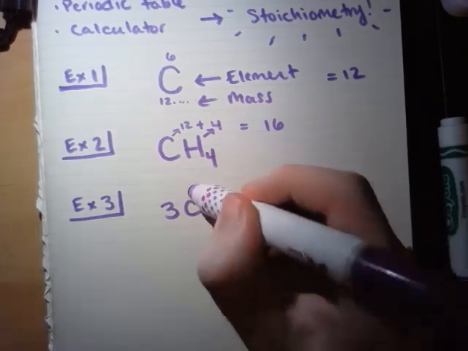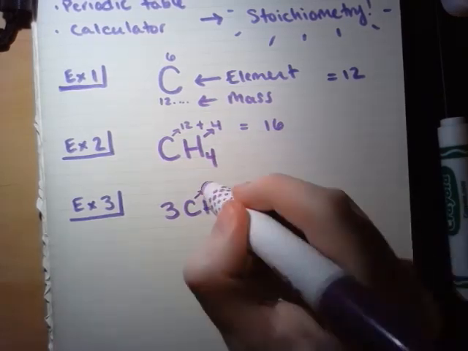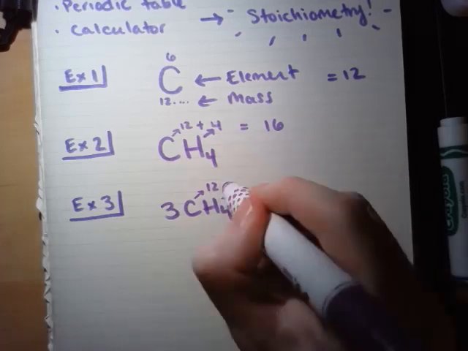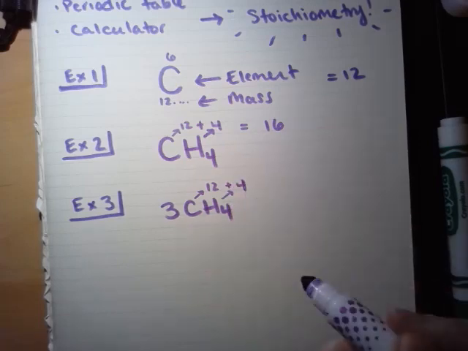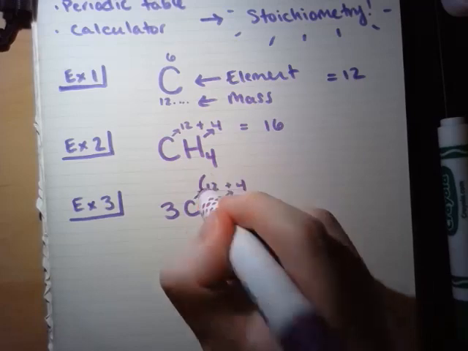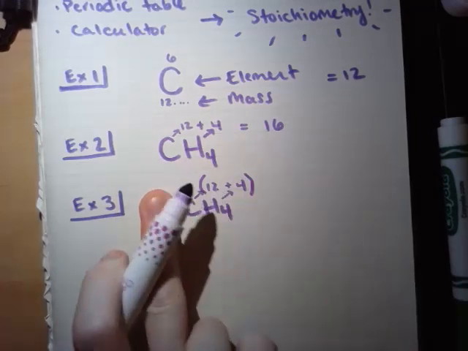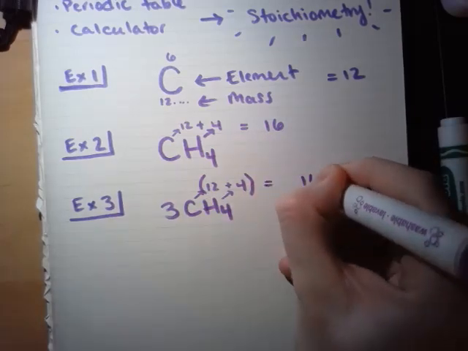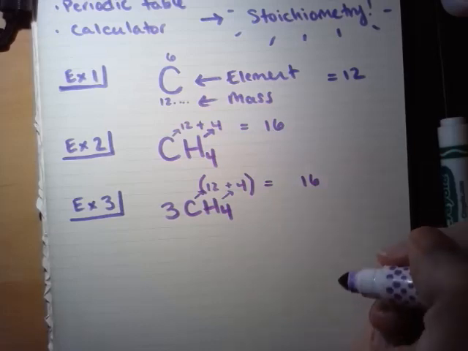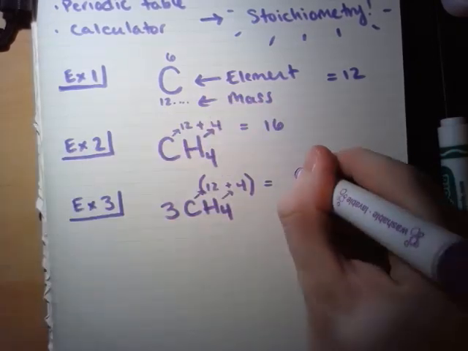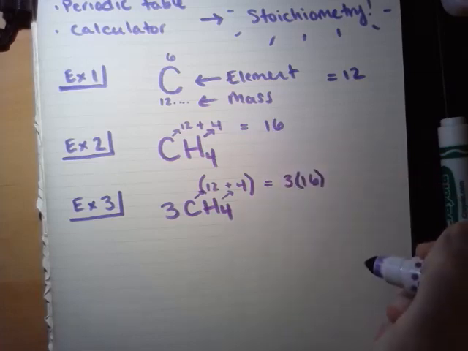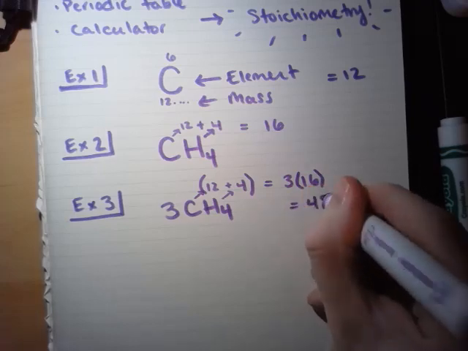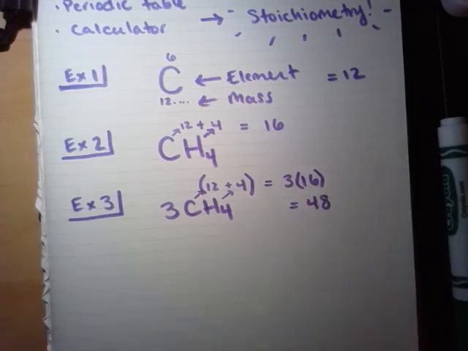So C is still 12, H is still 1, but again, we have 4 of them, plus 4. We do all of this first. Ignore the 3. We don't want to pay attention to the 3 yet. So 12 plus 4 gives us 16, just like the other one. Then we take this 3 and multiply it: 16 times 3 should give us 48, if you plug that into your calculator.